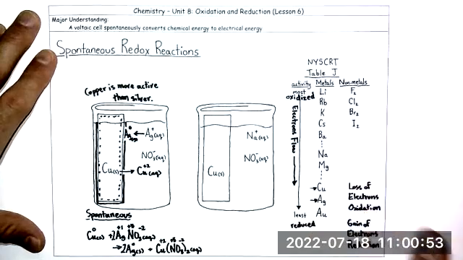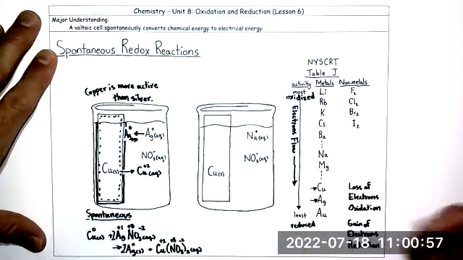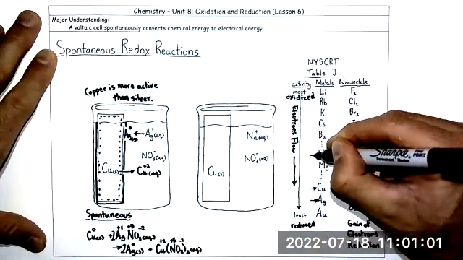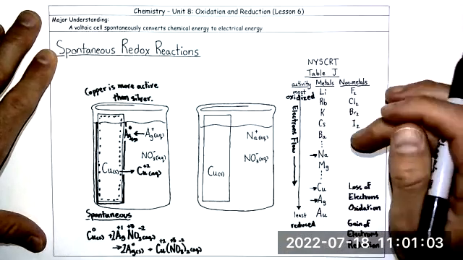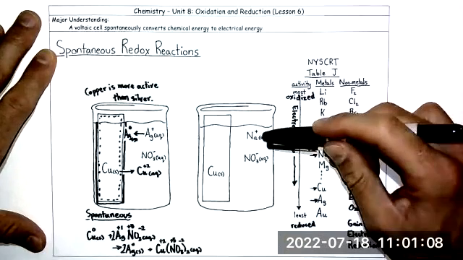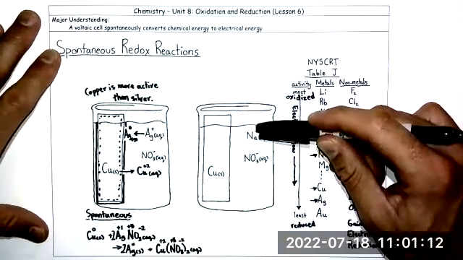Now, let's look at the second diagram here, where we have copper and sodium. And if you'll notice, sodium now is further up the table, so it's more active than copper. Okay. So sodium already has a +1 oxidation state.